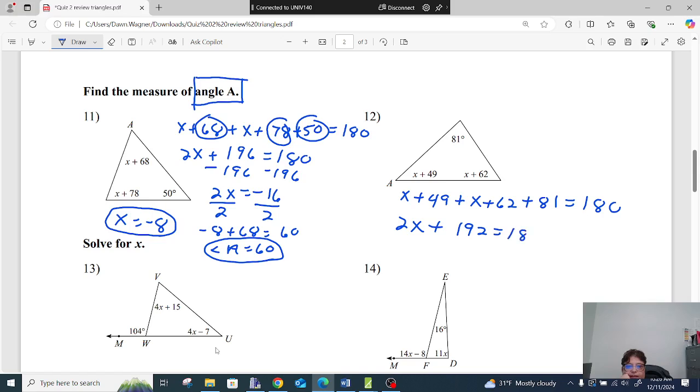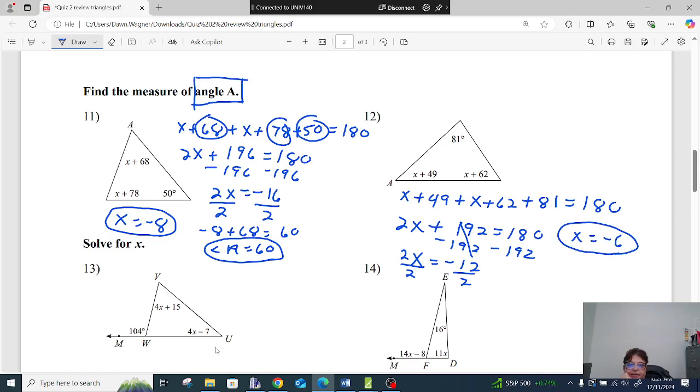Equal 180. I subtract 192. 2x equals negative 12. Divide by 2. Don't drop your negatives. X is equal to a negative 6.